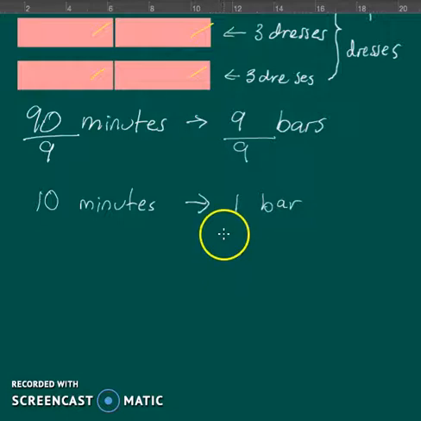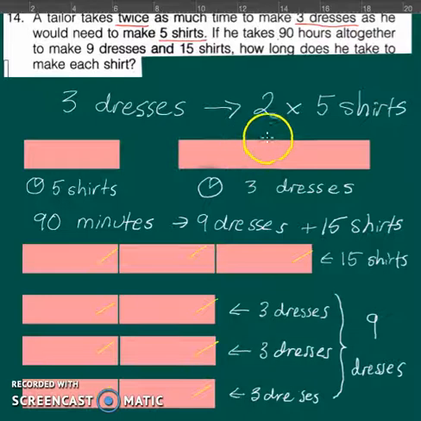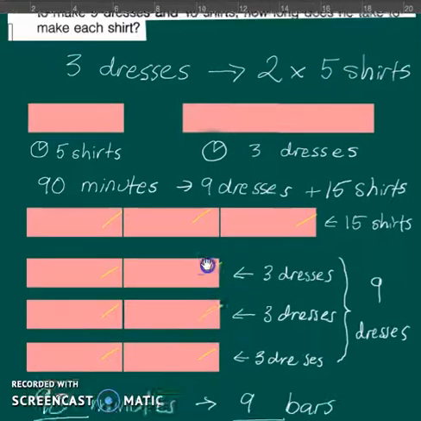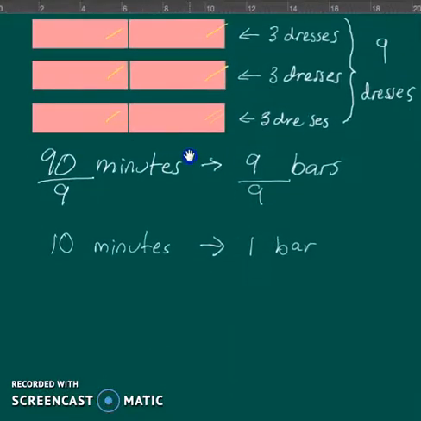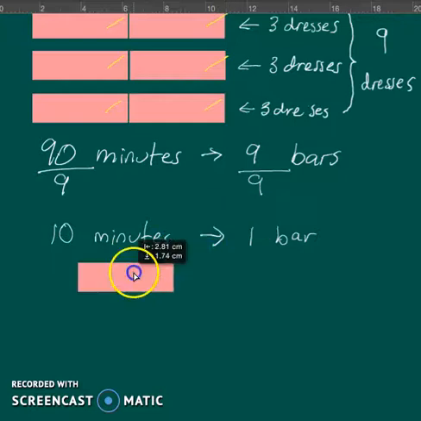Okay, so now we know that every time we have one of these pink bars, it represents 10 minutes. But the question asks us something else. Let's scroll back to see here. Specifically, they want to know how long it takes for the tailor to make each shirt. Okay, so let's look at 1 bar again. Here's 1 bar.